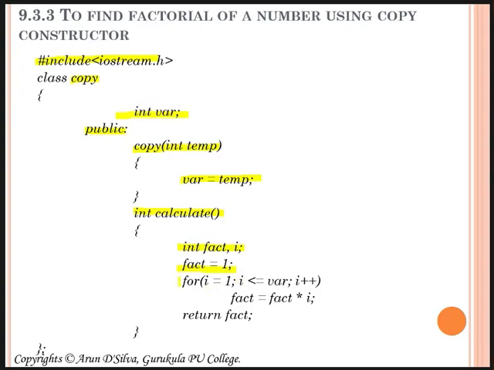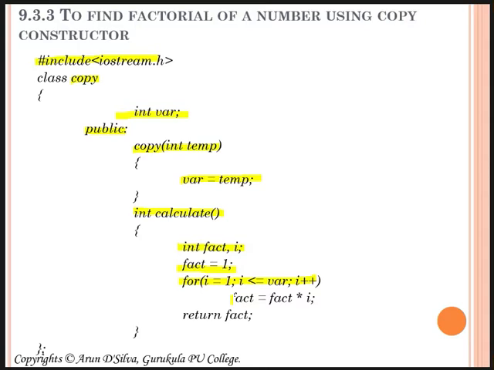Then I'll make use of a for loop: for i equal to 1, i less than or equal to var. I'll repeat this loop from 1 to var, and each time I increment i by 1.